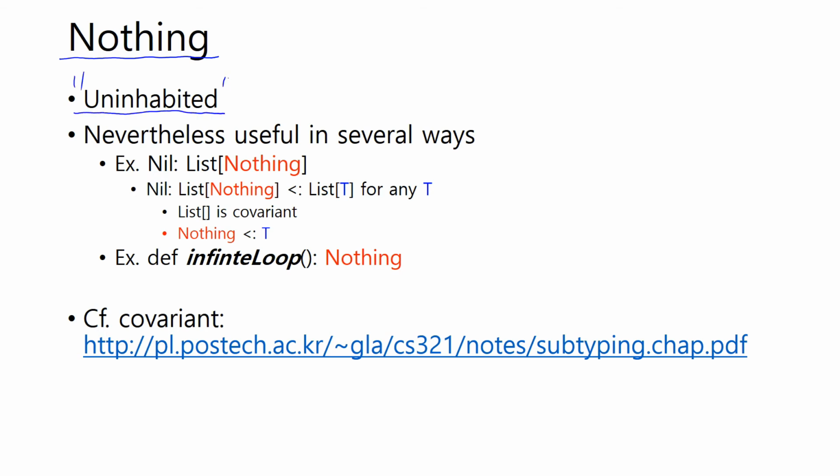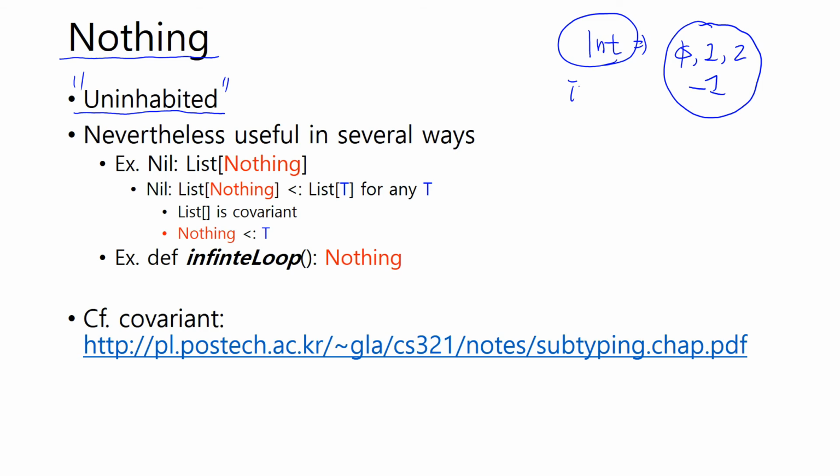This uninhabited means that the type has no value. For example, the type Int has an infinite number of values, for example, 0, 1, 2, -1. So the type Int is inhabited. But Nothing is uninhabited, which means that there is no value of type Nothing.